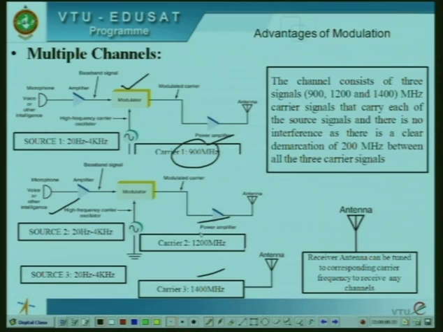Similarly, the second source will be assigned a carrier frequency of 1200 megahertz plus or minus 4 kilohertz, and the third signal will be transmitted using a carrier of 1400 megahertz plus or minus 4 kilohertz. So there is a clear demarcation between channel 1, channel 2 and channel 3, because the frequency of channel 1 is 900, of channel 2 is 1200, and of channel 3 is 1400.